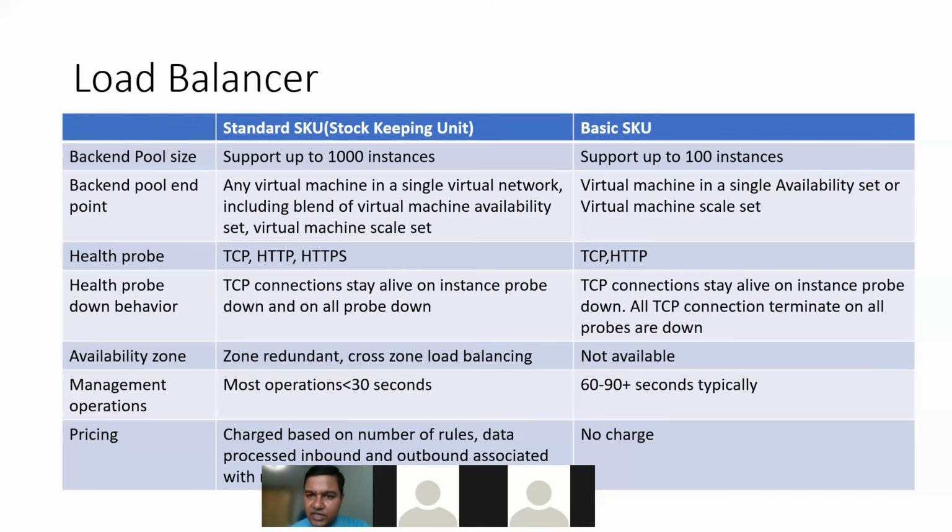Basic SKU is actually free, meaning when you are taking services, you can by default use the basic load balancer. The basic load balancer has certain features. The standard SKU has certain features, which is chargeable. In a standard SKU load balancer, one can create up to 1,000 instances for the backend pool, but in basic, 100 instances can be created.